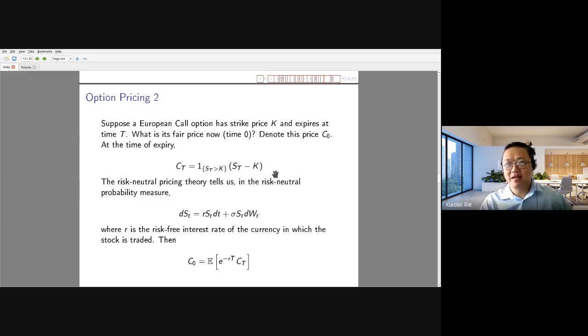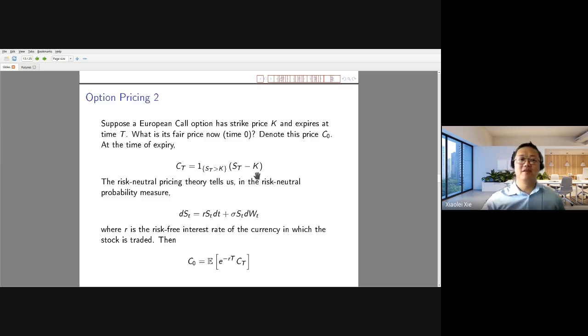So that means on the expiry date, which we denote as T here, if the stock price is higher than the strike price, then you will use your option to buy 1 share of the stock at price K, but the market price of the stock is actually ST, and ST is higher than K. So after buying the stock using your option, you will immediately sell that stock and take a profit of ST minus K. So this is the value of the European call option on the expiry date.